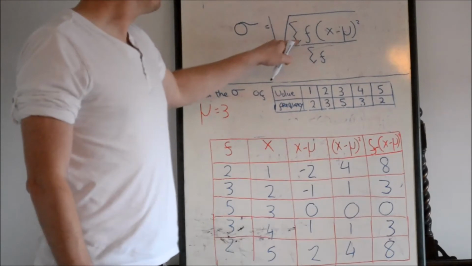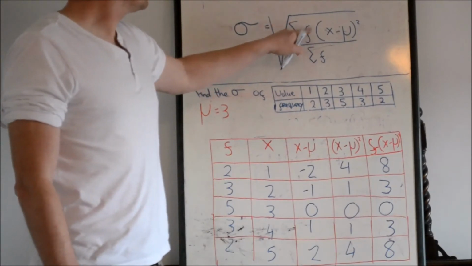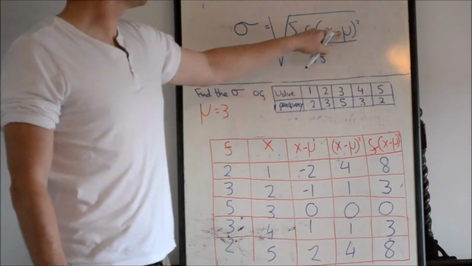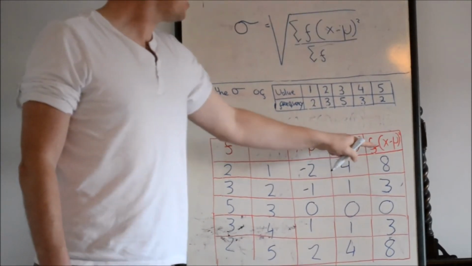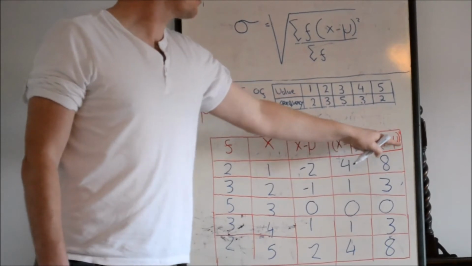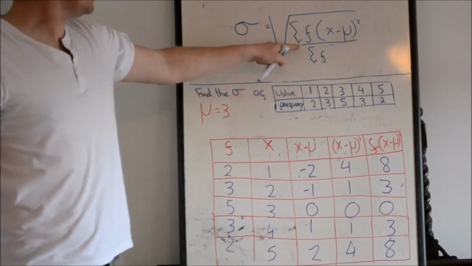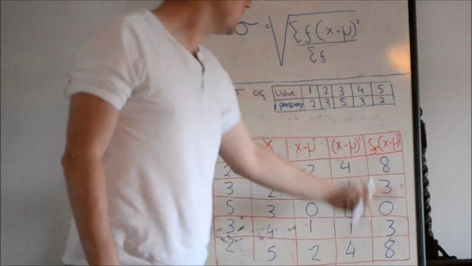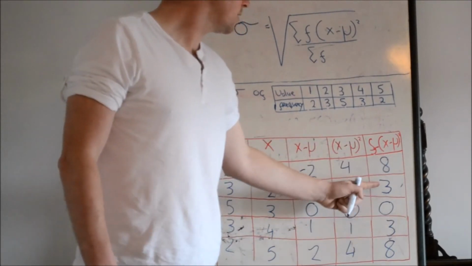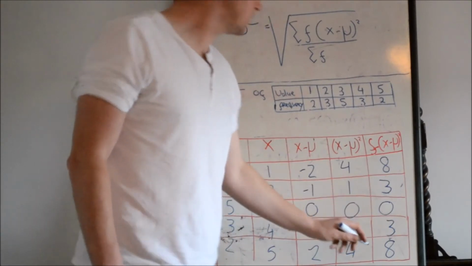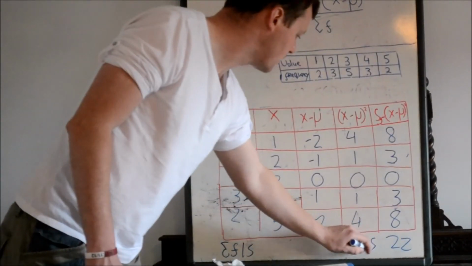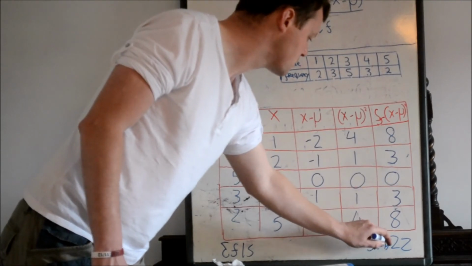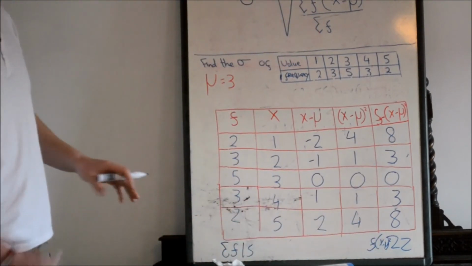And up top we want the sum of f, the frequencies, multiplied by x minus the mean squared. So the sum is just when we add them all up. 8 and 8 is 16, and 3 and 3 is 6, so 22. And that is our sum of f times x minus the mean squared. A little bit messy there.